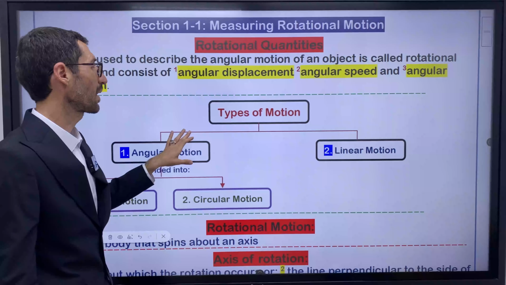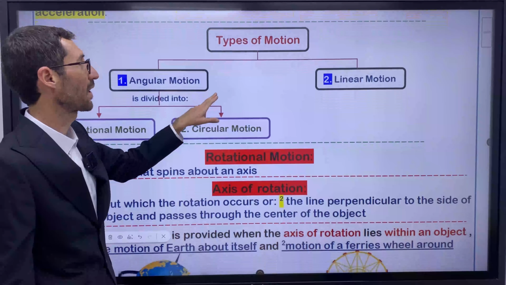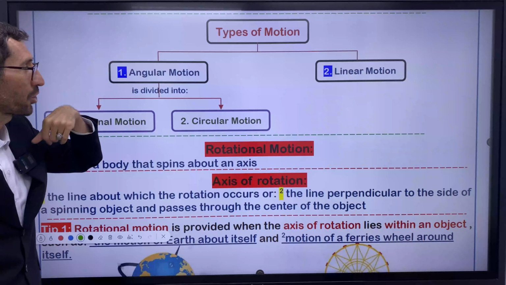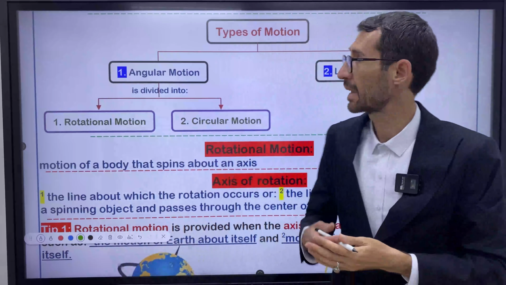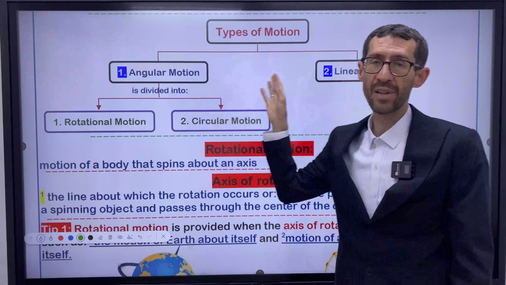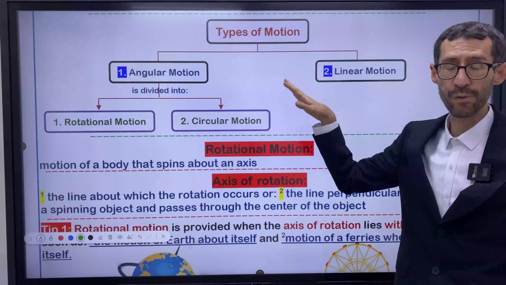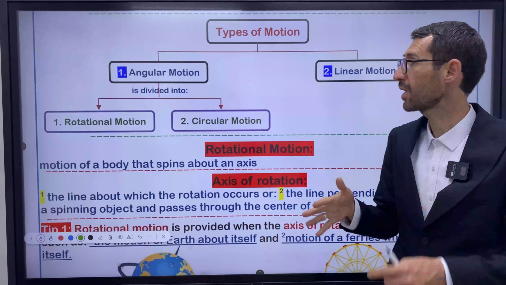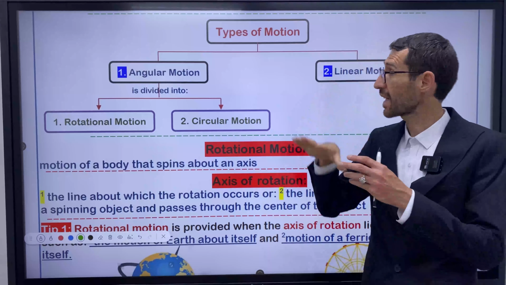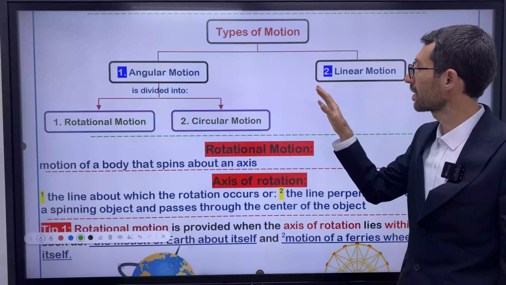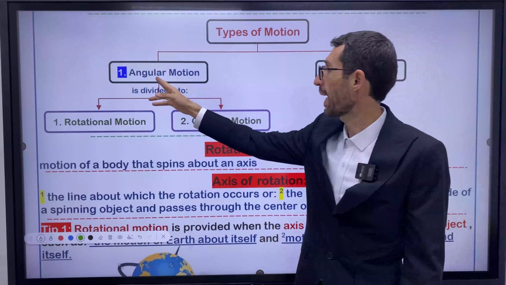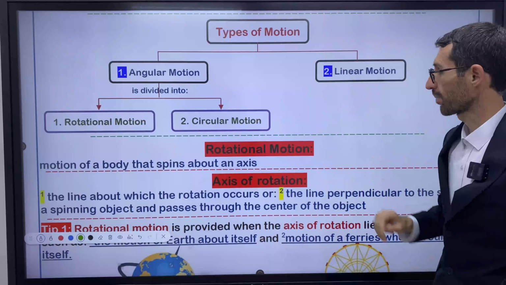In general, there are 2 types of motion. We have this diagram. I drew this graph for you. Types of motion. How many types of motion are there in physics? Actually, this is my classification for this chapter especially. Maybe there are other classifications for motion, but I focused on these parts, and I just mentioned two types of motion, which are angular motion and linear motion.